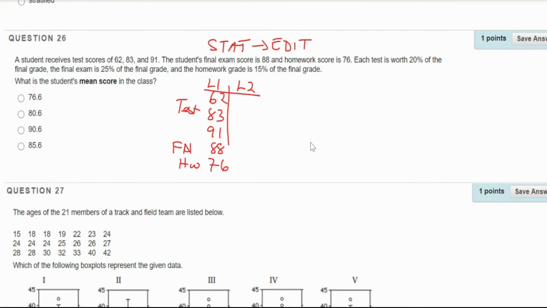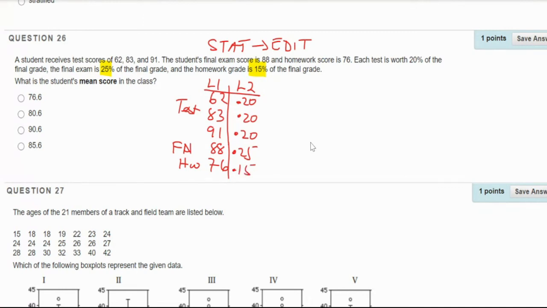Now, the test they said is what? Each test is 20%. So you're going to put 0.20 here, 0.20 here, 0.20 here. Now the final exam is 25%. So where we have the final, that's 0.25. And then the homework is 15%, so we're going to put 0.15.